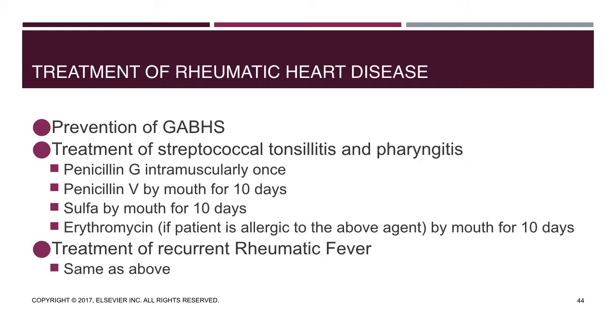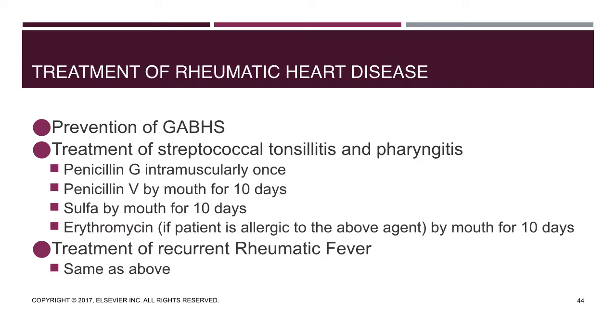And when you are diagnosed with strep throat, you get your treatment, either penicillin G, given intramuscularly just one time, you don't need it multiple times, or penicillin V by mouth for 10 days, or sulfa by mouth for 10 days. If you're allergic to penicillin, then sulfa can be given. Or if you're allergic to penicillin and sulfa, you can get erythromycin by mouth also for 10 days.